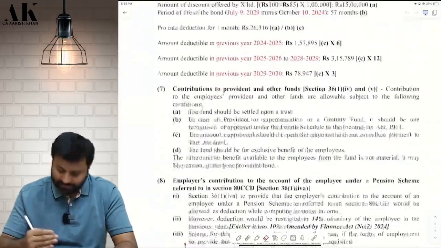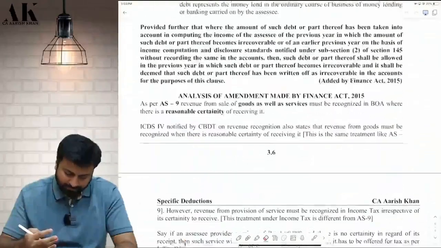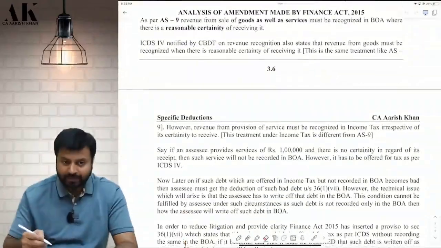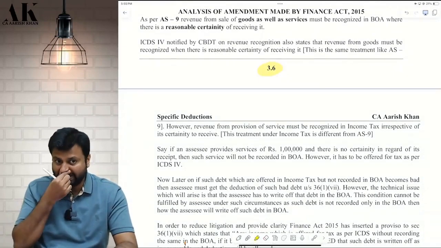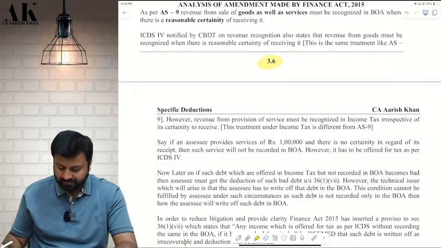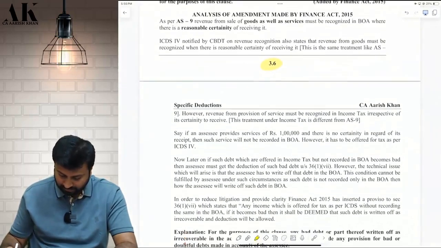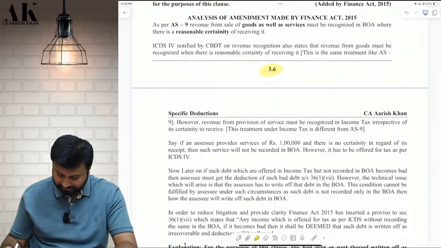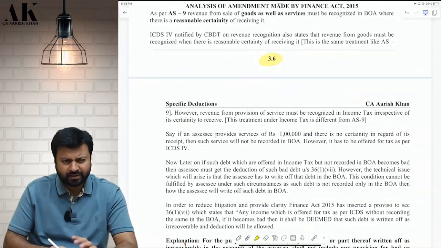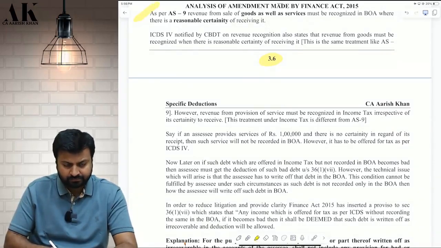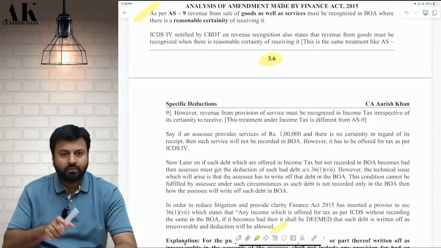So to explain this in great detail, I have put this entire discussion over here in page number 3.6 in very detail. I gave you 5 minutes to read this. This will further strengthen your concept about this ICDS. You can read it from here. See, wait, listen, read very carefully from here till here, okay.